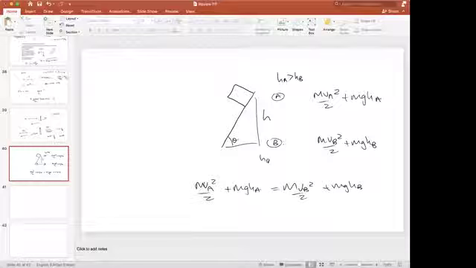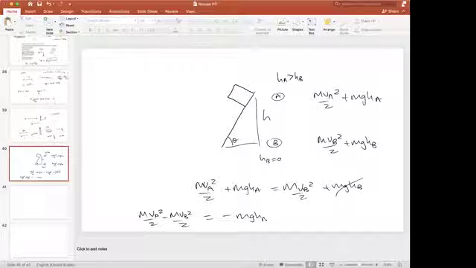I'm going to say that h_b is 0, just to make this faster. So I have that m v_a squared over 2 minus m v_b squared over 2 is equal to negative m g h_a.